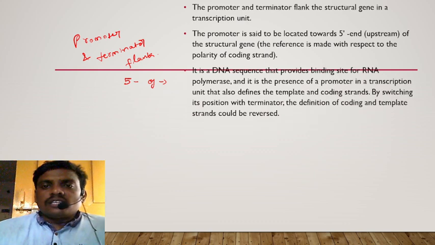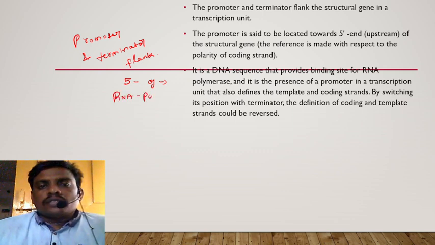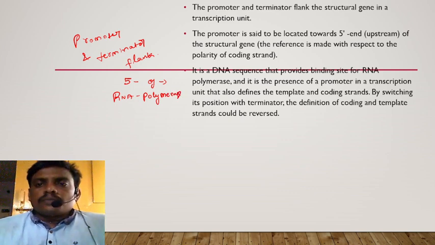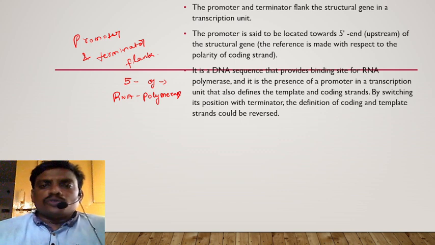The promoter is a DNA sequence that provides the binding site for RNA polymerase, and the presence of the promoter in a transcription unit also defines the template and coding strands.